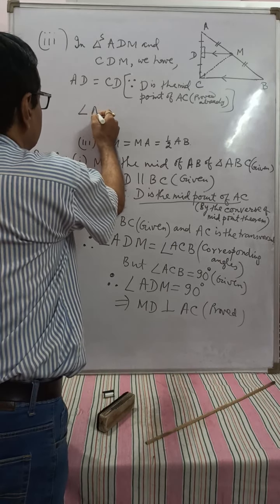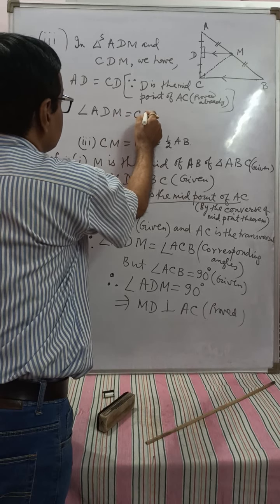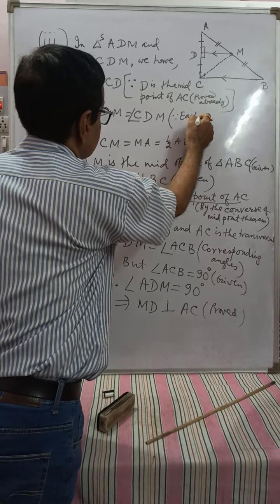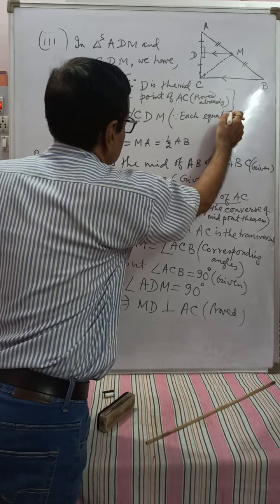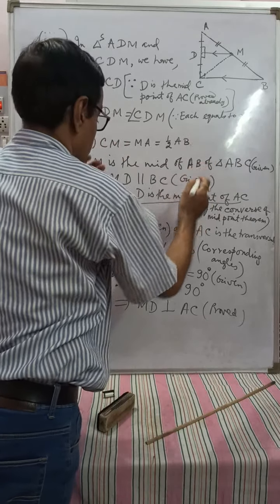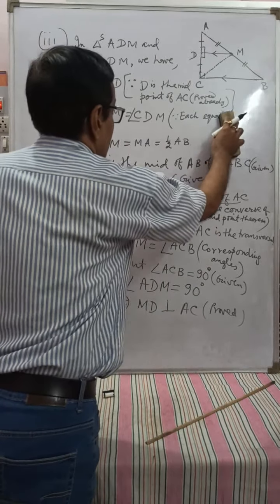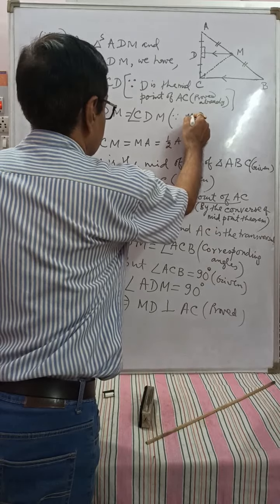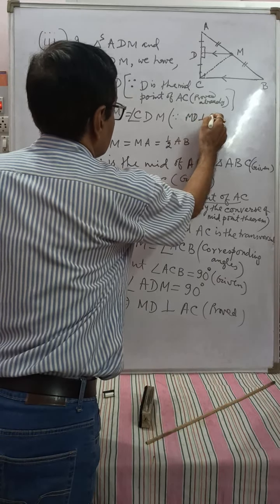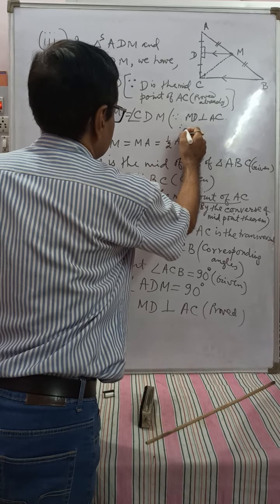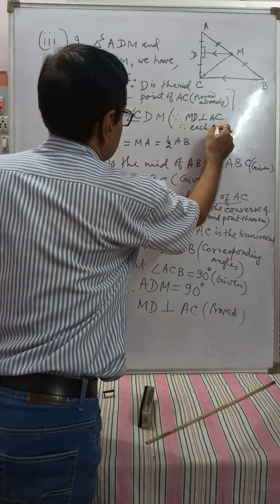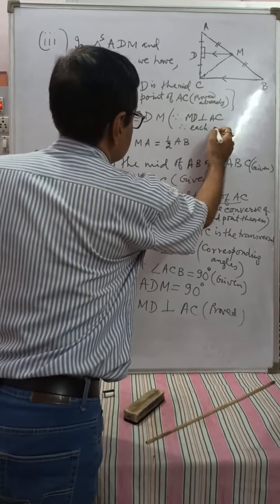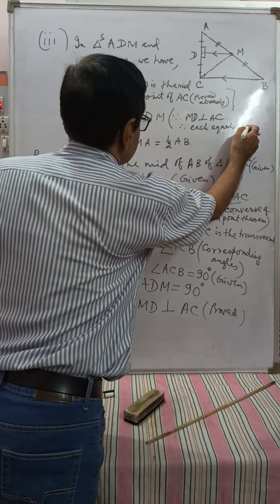And then angle ADM is equal to angle CDM. That also we have proved, since MD is perpendicular to AC, therefore each angle equals 90 degrees.